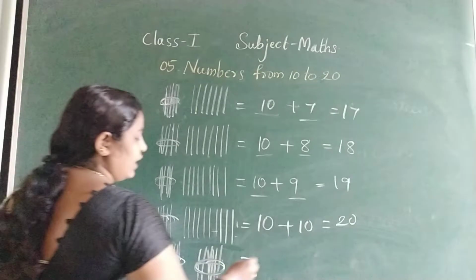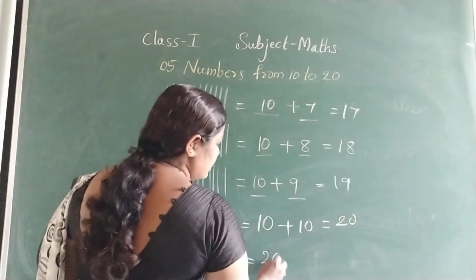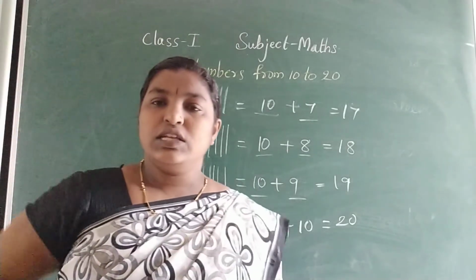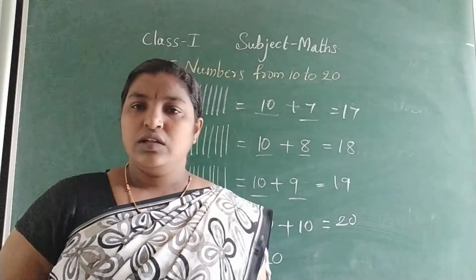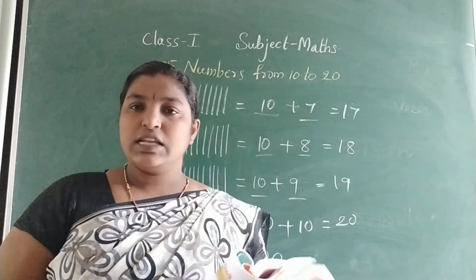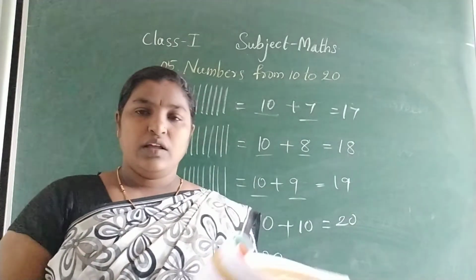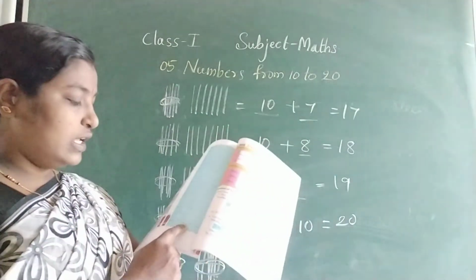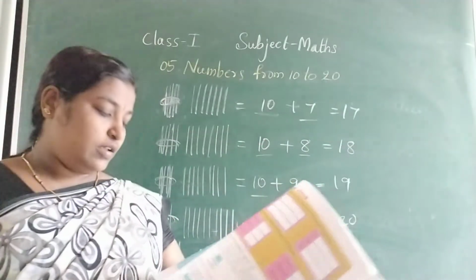So 2 bundles means 2 tens, that is nothing but 20. In 2 tens there are 20 ones. There are 2 tens. Got it? So that is nothing but 20. So here you should write 10 plus 10 is equal to 20.